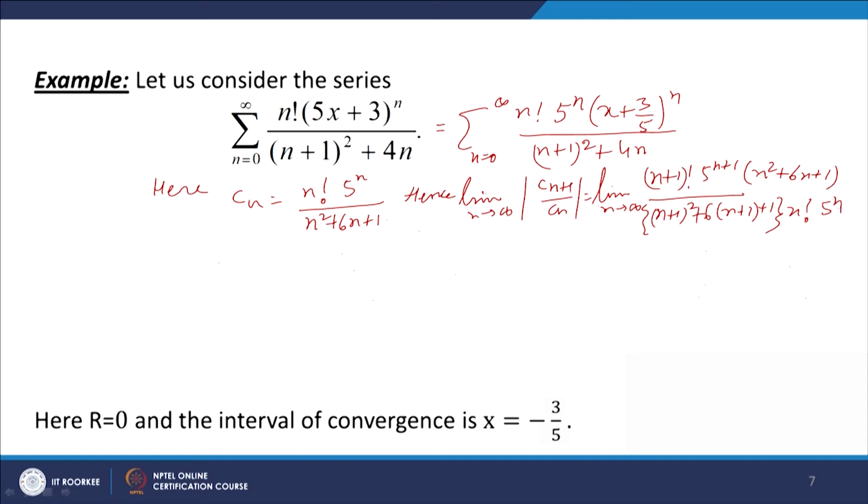Okay. So, this is how much? Now, let us see, (n+1) factorial over n factorial is n+1, 5^(n+1) over 5^n is 5, and we have then n square plus 6n plus 1 divided by (n+1) whole square plus 6 times (n+1) plus 1, which means n square plus 2n plus 1 plus 6n plus 6 plus 1. So, we have n square plus 8n and then we have 1 plus 6 plus 1.